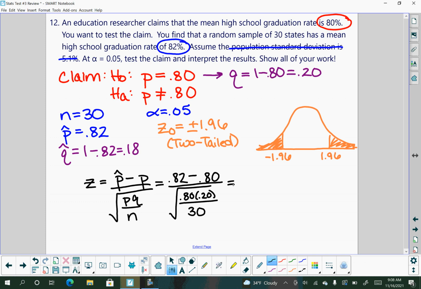All right, we're going to go ahead and calculate that. 0.82 minus 0.80 in the numerator gives me 0.02. Divide it by what you see in that denominator. Again, just be careful with your steps here with the calculator.